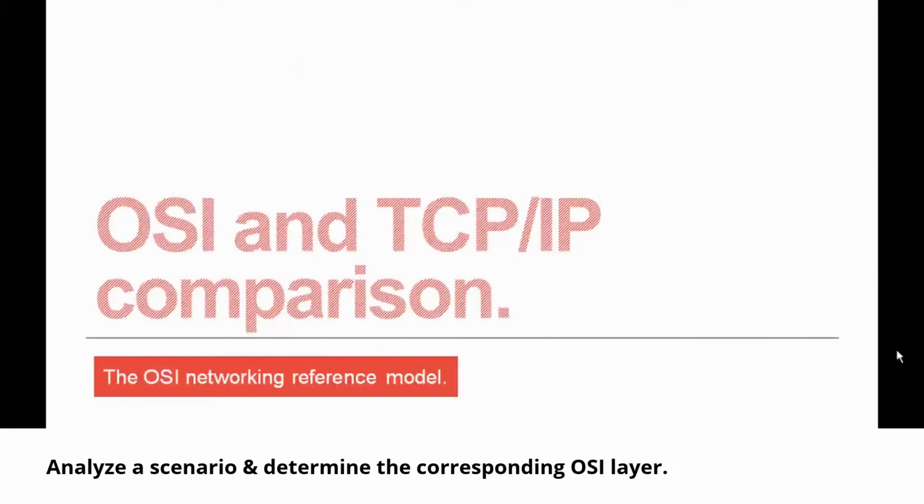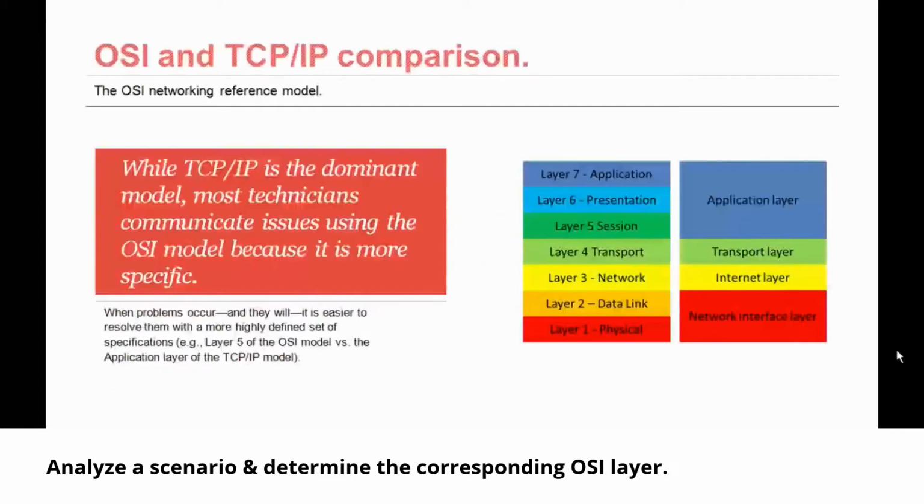So now let's do a comparison between the OSI and TCP IP reference models. While TCP IP is the dominant model, most technicians communicate issues using the OSI model because it is more specific.